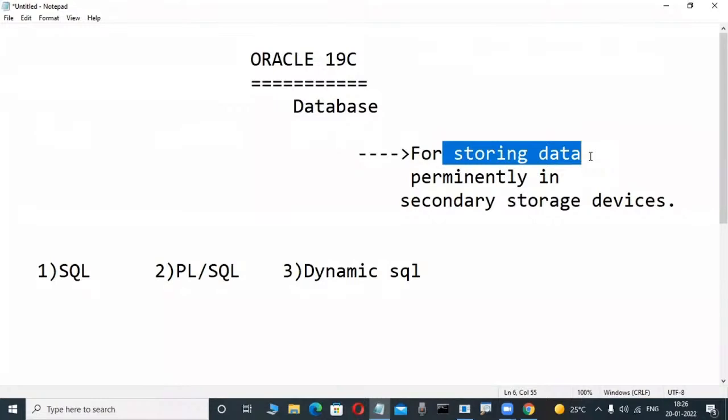But that is absolutely wrong. Not only storing data, so many things are there. Databases are not only for storing data, but efficient retrieval of data is also important. Suppose, for example, observe the screen.